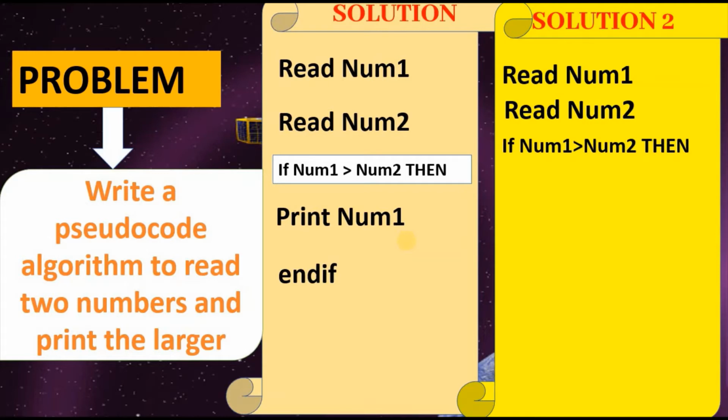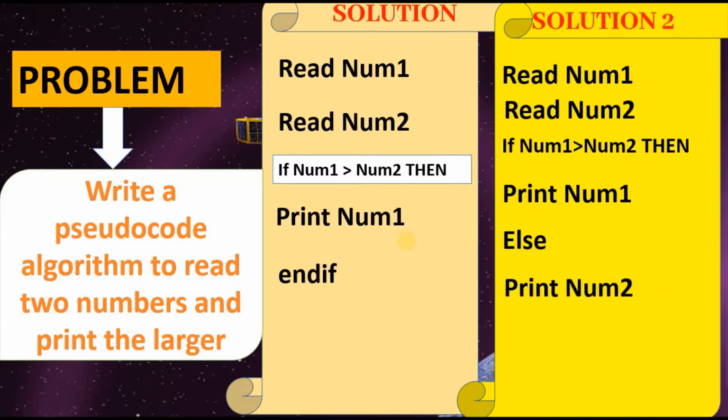The first part of this, let's say it was true, then we would print num1. However, if it was not true, our next keyword, which we identified earlier, the else, the next part of the solution is what would run, which would be to print the other number, because automatically the second number would have been the larger of the two.